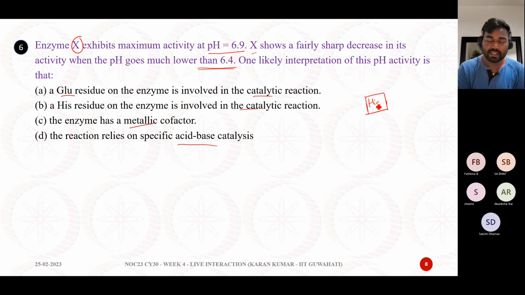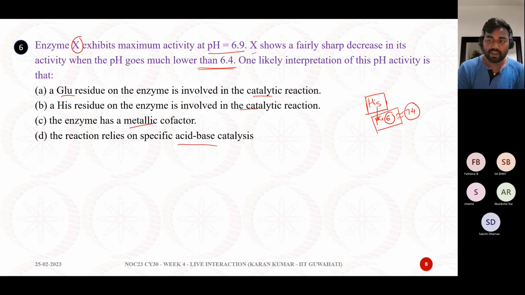Why? Because the pK value of histidine is around 6, which means it is close to the physiological pH of 7.4.